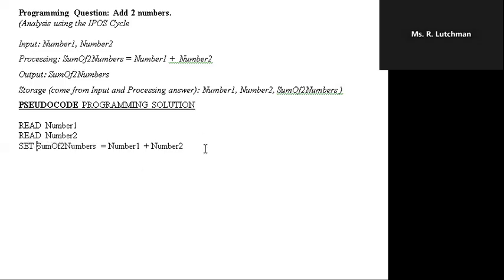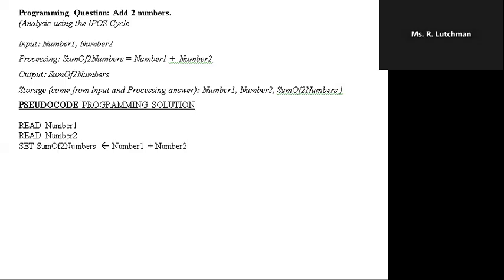Put my space in there. There is another change for processing. In pseudocode processing, there's no equal sign. Instead, you use a backward arrow. So instead of an equal sign, we use a backward arrow.